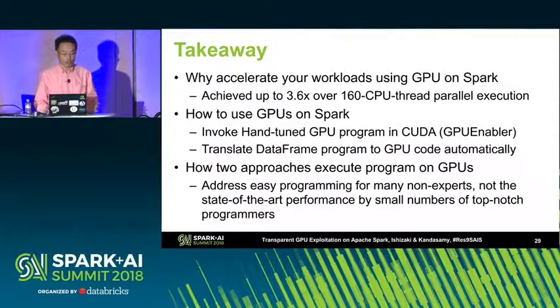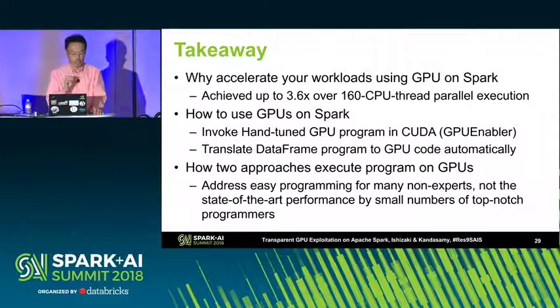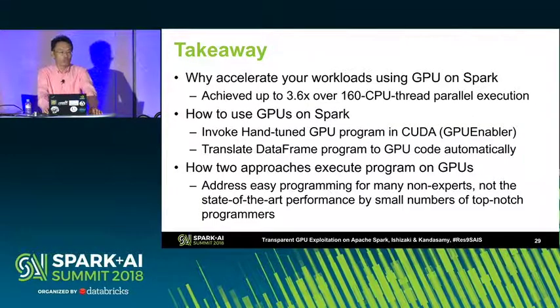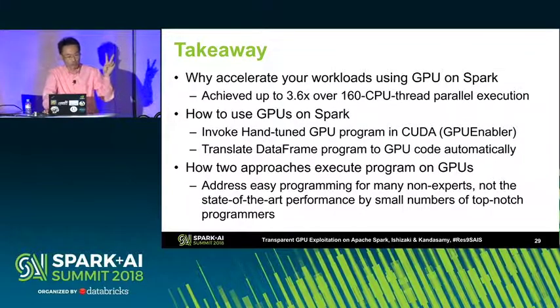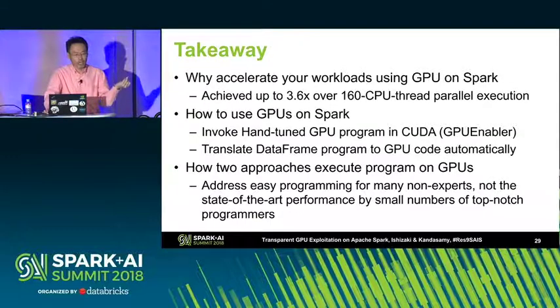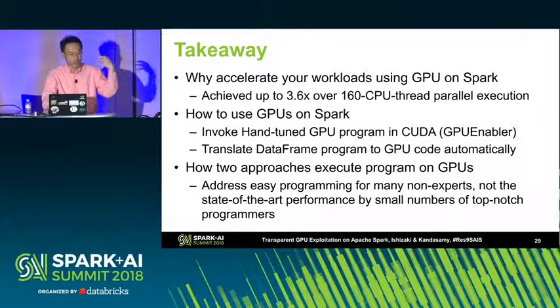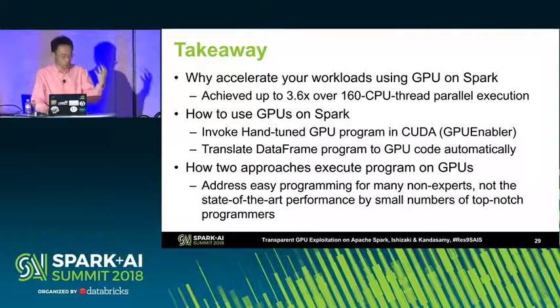So here is the last page. We talked about three things: how we can accelerate your workload by using a GPU on Spark, and how to use a GPU on Spark. We introduced two approaches, GPU enabler and automatic code generation. Finally, we talked about how these two approaches work from the data movement view and code generation view.